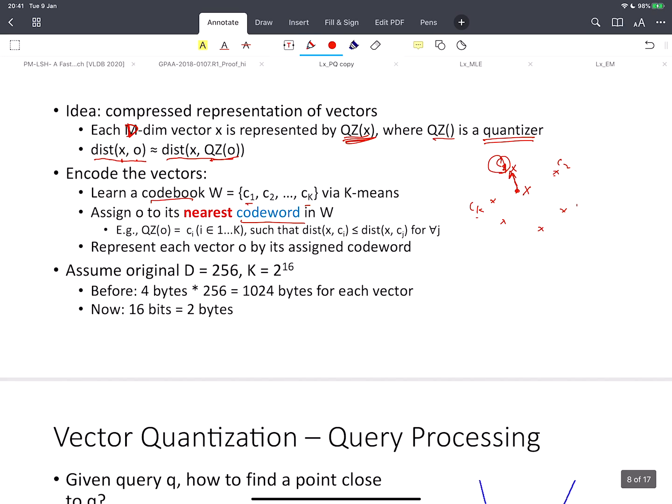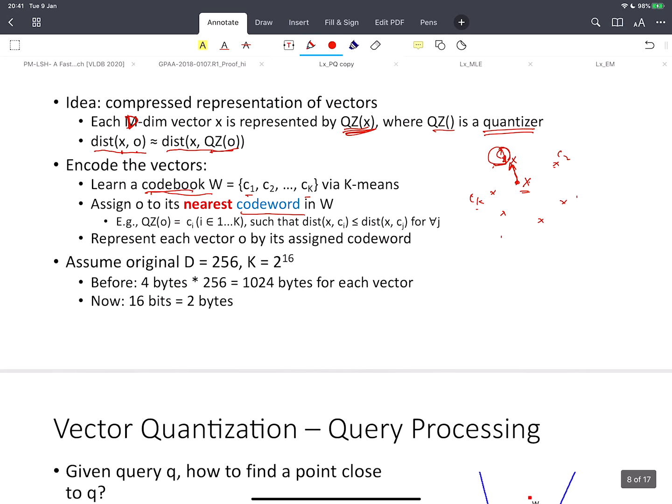So as you can see that now x, if we really represent x using C1, instead of recording x, we just record C1. But remember that the reason we call it codebook is that it's almost like a dictionary or like a lookup table, where if you store all these up to k code words, then you don't really need to directly represent the corresponding code word.